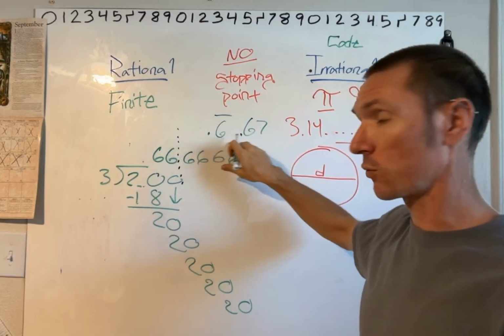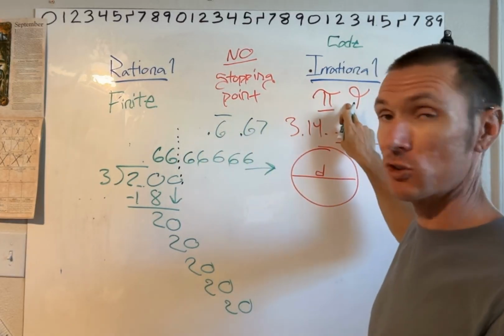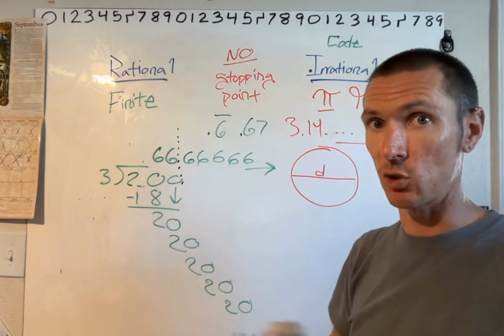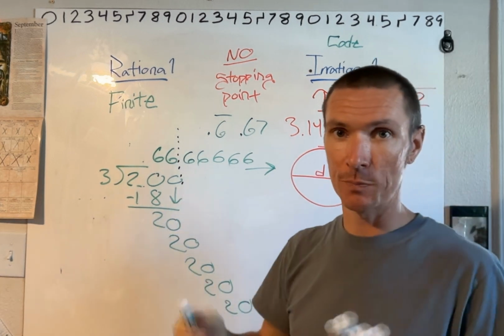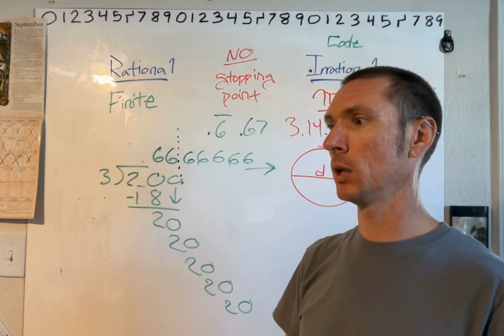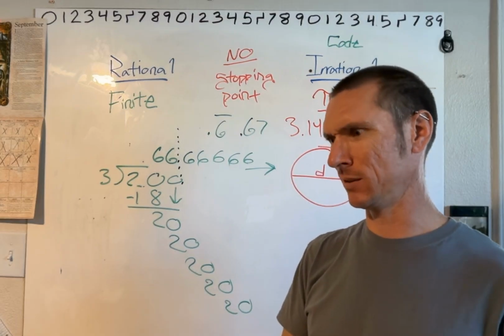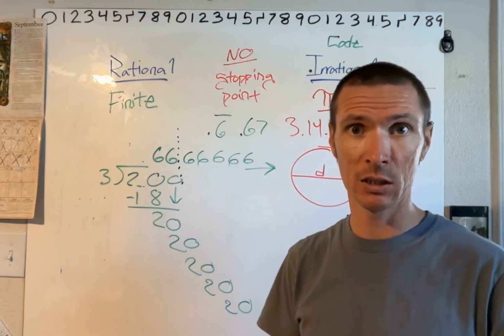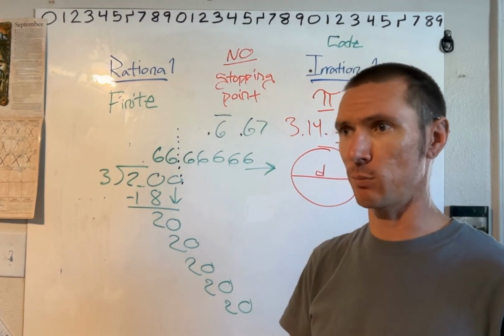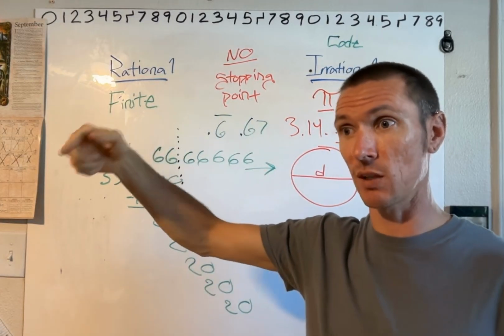So you have repeating. Irrational numbers are non-repeating. There is no distinguishable pattern. And like I said, with repeating numbers, you can do like 40 over 9, I think it is 4.4 infinitely. You run into, I forget what it is, 0.27, 27, 27, 27.